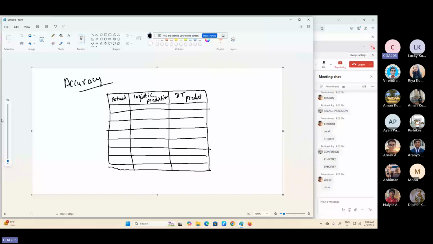Let me use the marker. So here it is 1, 1, 1. Second one is 0, 1, 1. Then third is 0, 0, 0. Then again 0, 0, 0. Then 1, 1, 1.